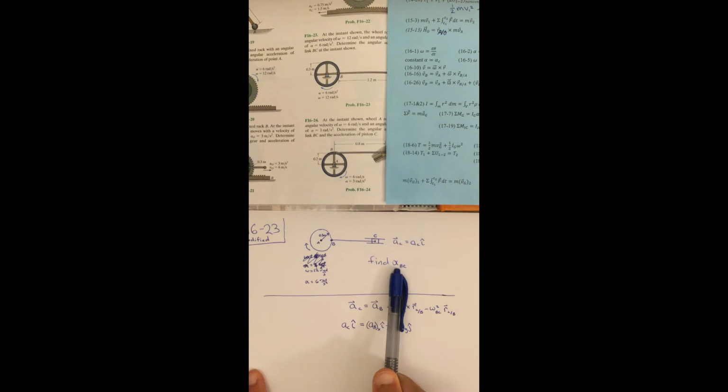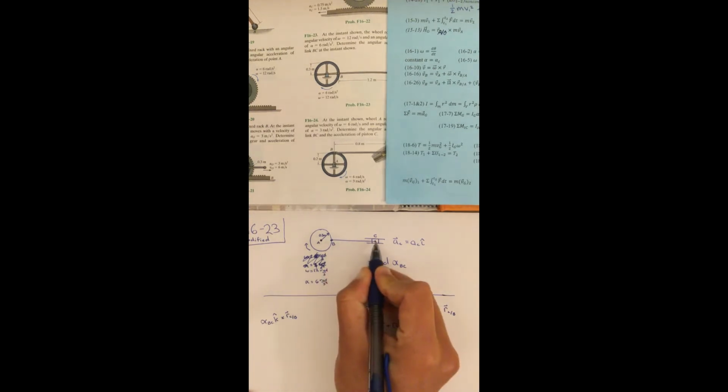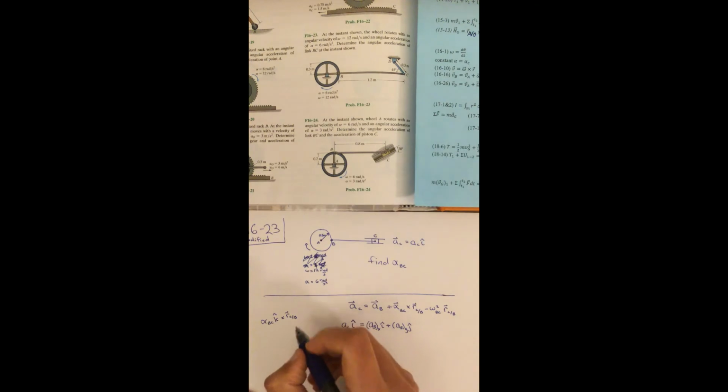For the angular acceleration of this link, that has to be either in the positive K hat direction or the negative K hat direction. Let's look at this cross product separately and say it's in the K hat direction, and if alpha BC comes out to be negative, then it's in the negative K hat direction, crossed with the position of C with respect to B, that's going to point from point B to point C. So that's in the I hat direction, and they give us this length here, which is 1.2 meters.